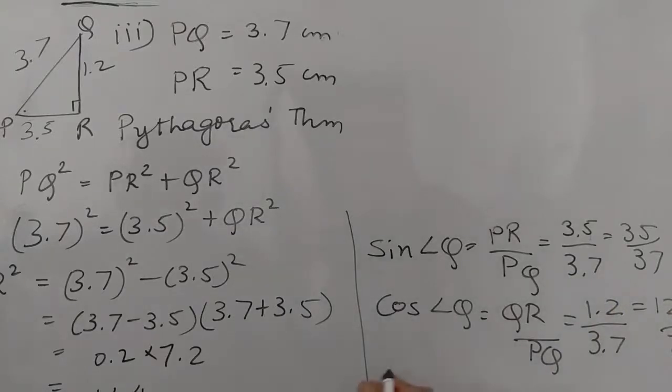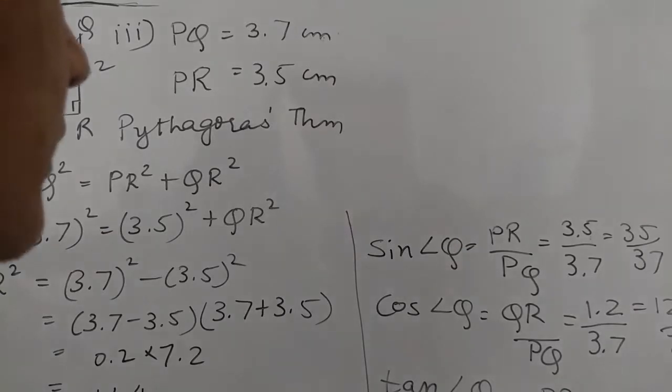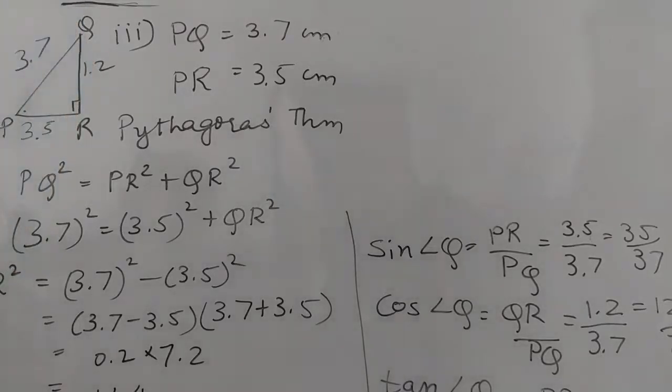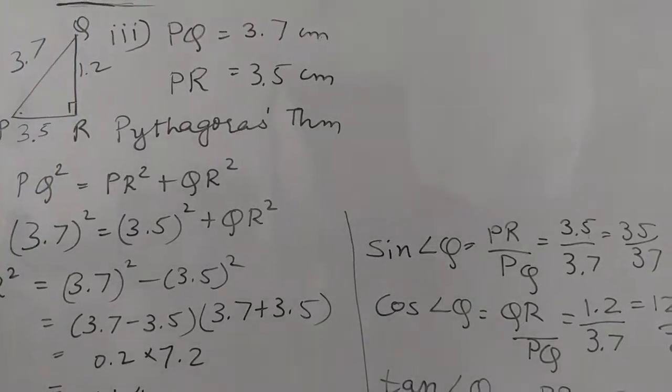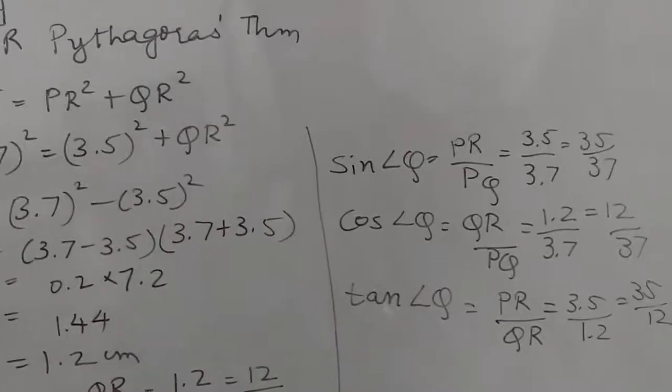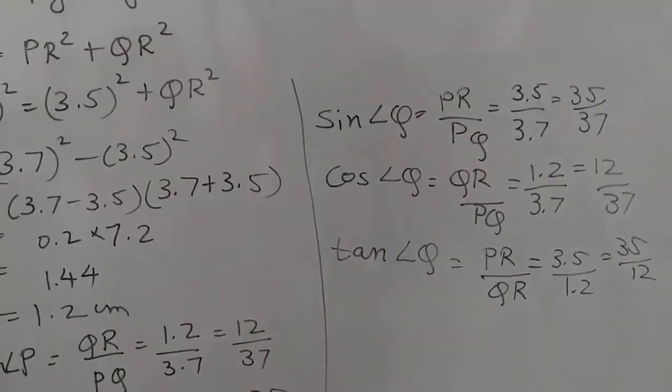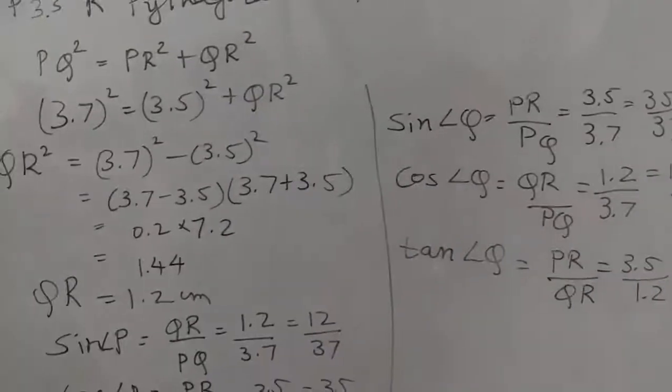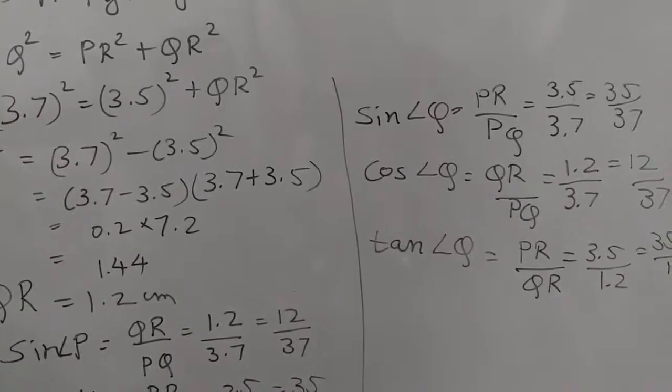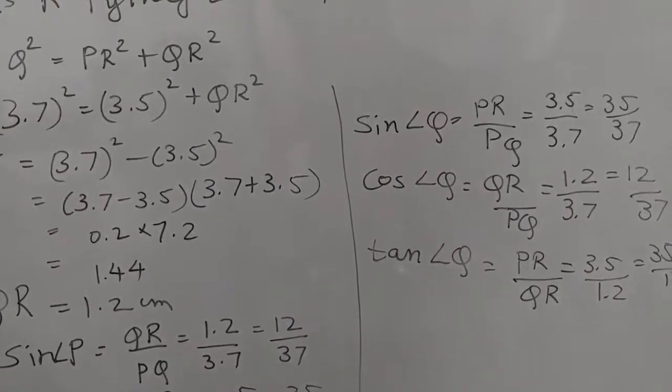And the third is tan of angle Q. Tan means opposite upon adjacent, so that is 3.5 by 1.2, which is 35 by 12. This way I have written all the three ratios for angle Q also. You can see, we have completed our question number 4, part number 3.